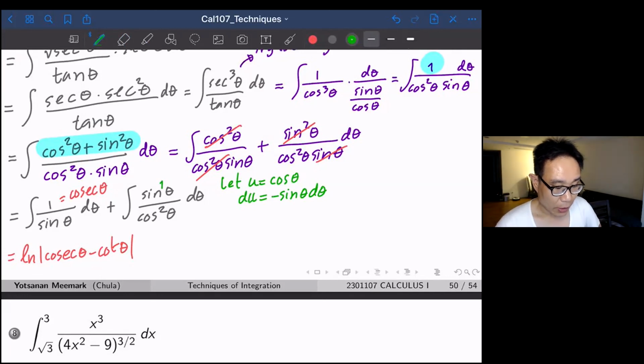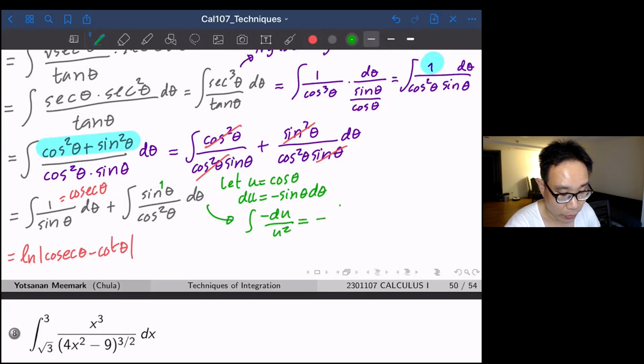So this will become the integral of negative du over u squared, so it's going to be negative 1 over u, which is negative 1 over cos theta.